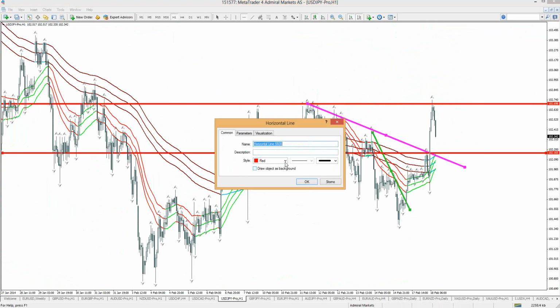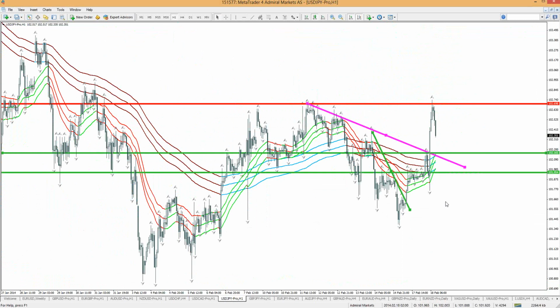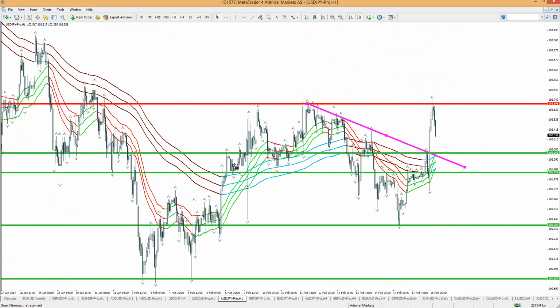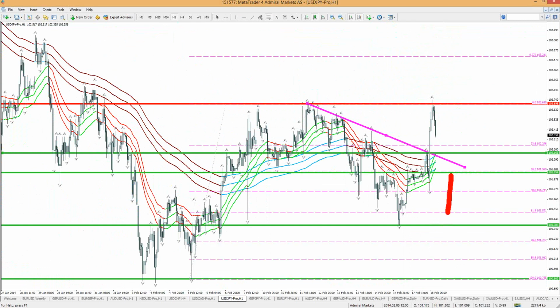If these tops don't hold, then we might see some downside continuation still, to, for instance, test this support right in here. And a fib we can put on. So that's about it. If we break below these greens, there's some space down to the next green. If we break below that green, there's some space down to the 78.6, and that could be a bouncing spot.